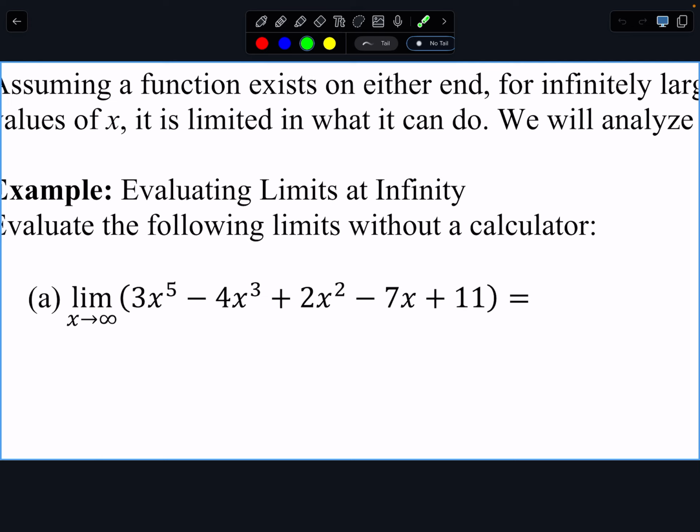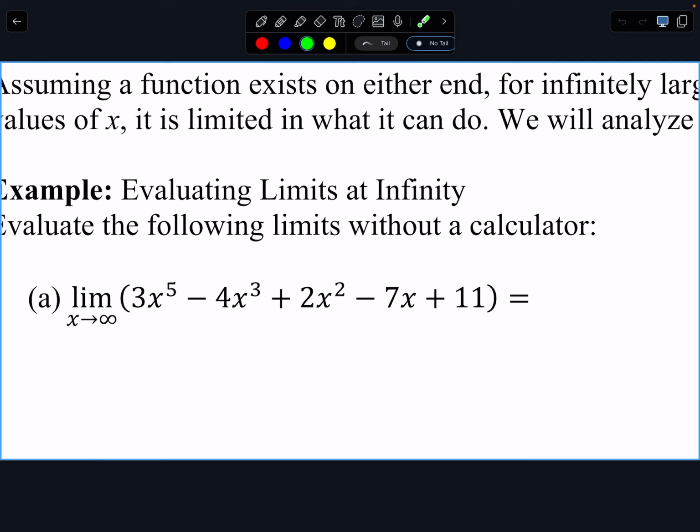When we're thinking about as x approaches infinity, like plug in larger and larger and larger values in for x. I previously told you you can almost think about the terms as x gets infinitely large or infinitely small as a tug of war with each other, where which term is going to dominate the tug of war as x gets infinitely larger, infinitely small? 3x to the 5th, right?